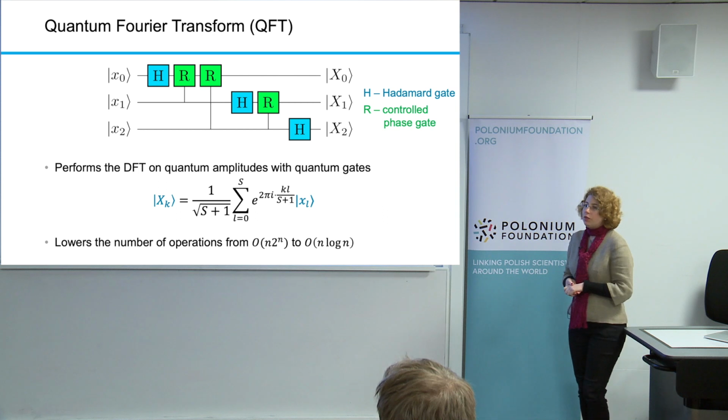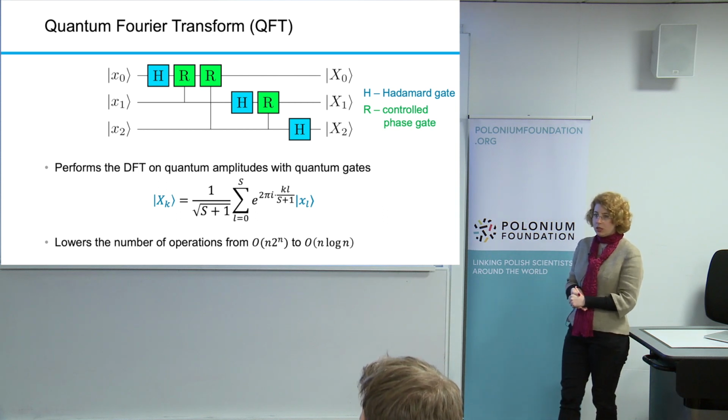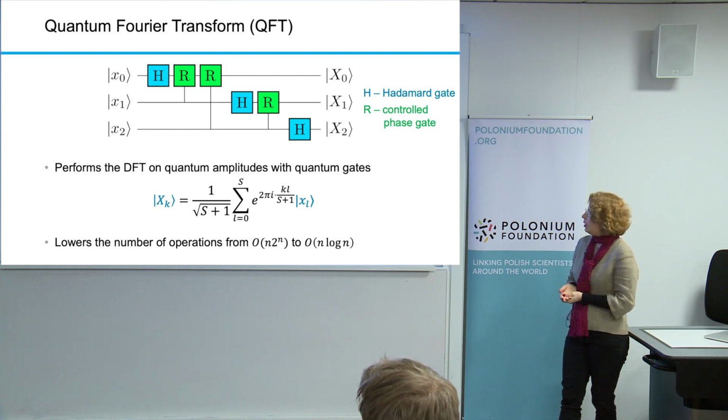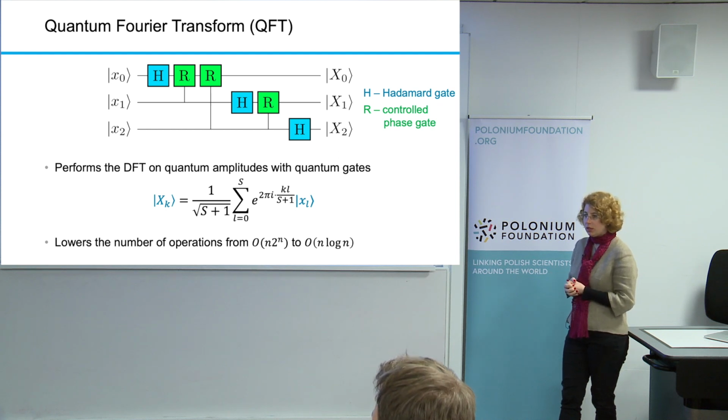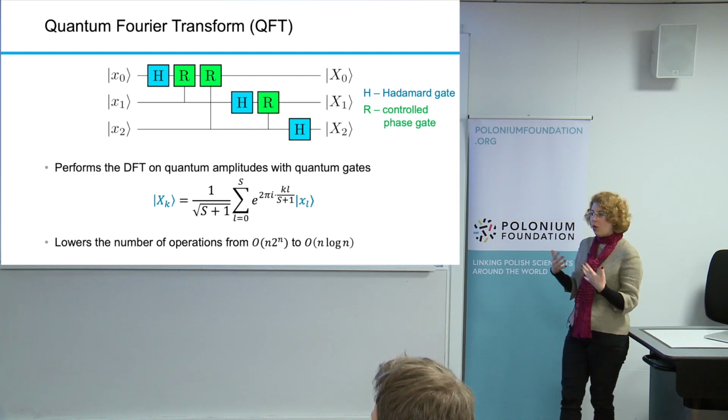Quantum Fourier transform is a quantum version of the discrete Fourier transform. So this is not anything that we can hope will help. As you can see, this is exactly the formula that we have used on previous slides, but it is written in terms of quantum states. So the difference is that all amplitudes are computed in parallel at the same moment.